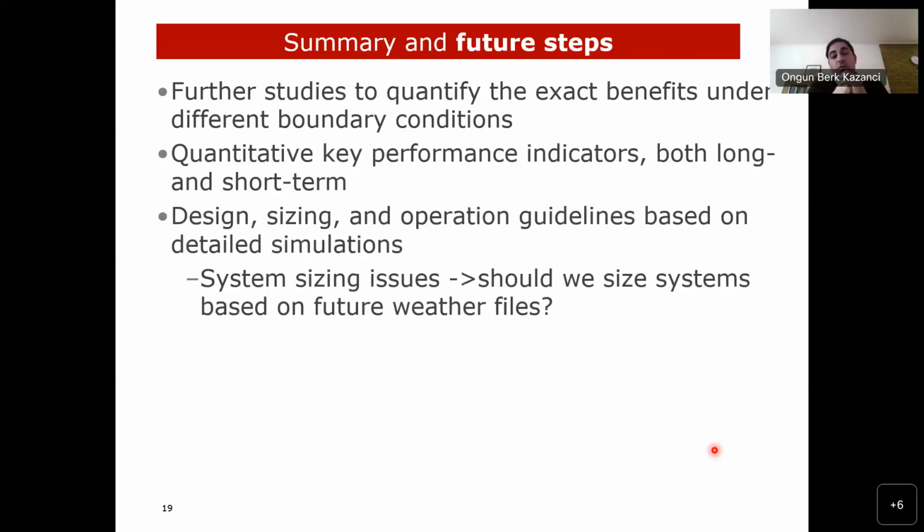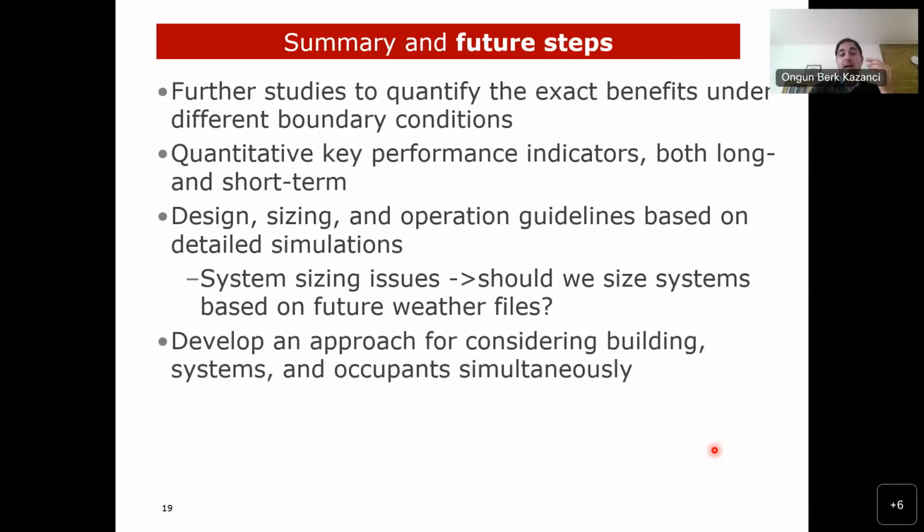Based on all these, we want to develop design, sizing, and operation guidelines for these two systems that we talked about. And then one of the things we will particularly be looking at is the system sizing issues. If we should size these systems based on future weather files, or if yes, what would be a proper way to do it.